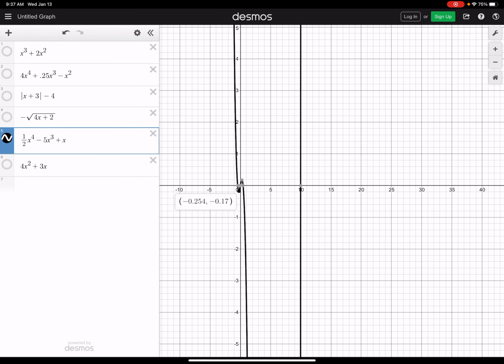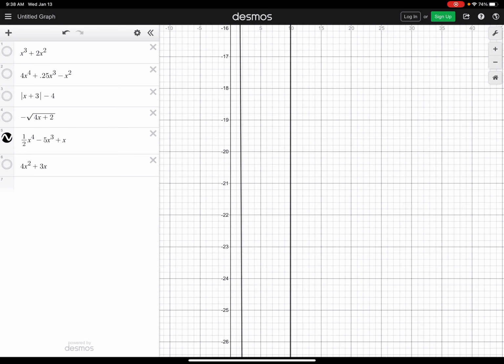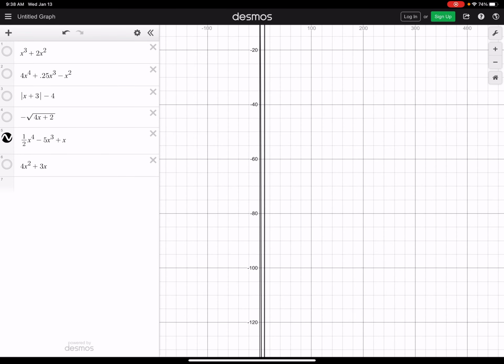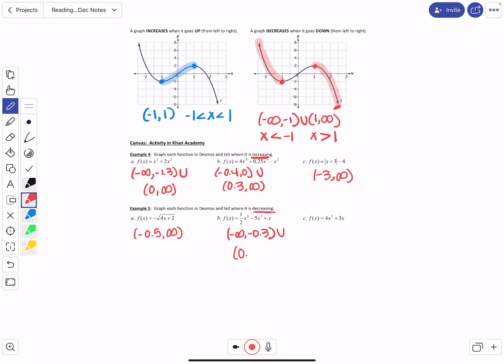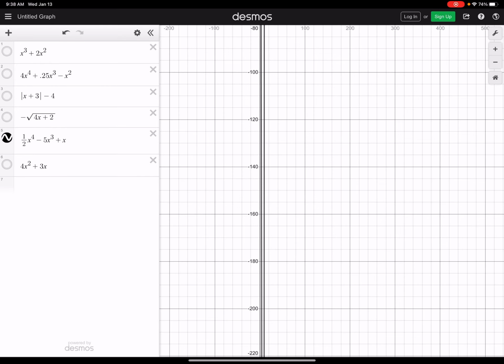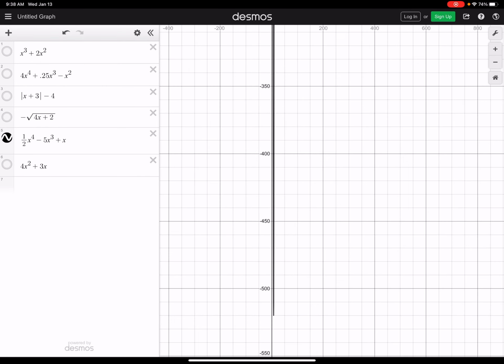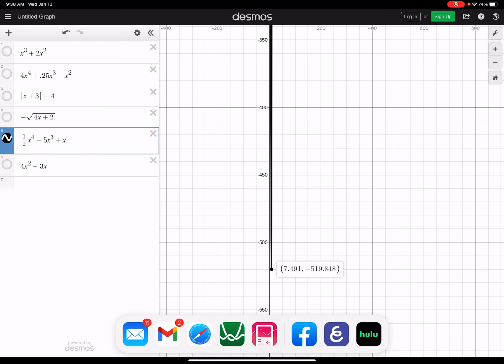And then it starts decreasing again at positive 0.3. And then if I zoom down, let me zoom out. Let me go ahead and write this number down before I forget. Until I get to 7.5.